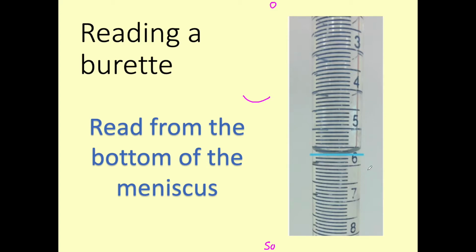And so then looking at our scale, we can see it's sat between 5 and 6. So between 5 and 6, we have smaller lines, and they are going at a tenth.